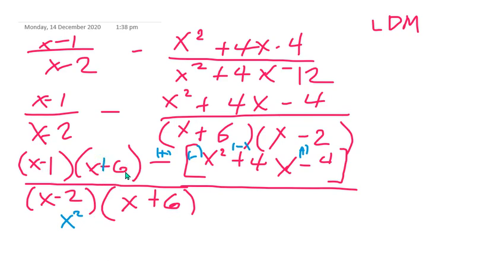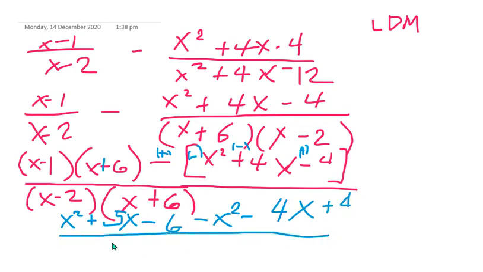Negative 1 times 6 is equal to positive 5x. Negative 1 times negative 6 is negative 6. Okay? This is negative minus x squared. This is negative 4x. This is positive 4.